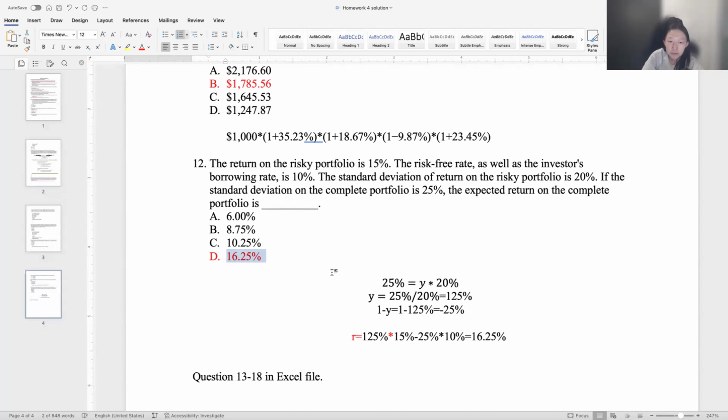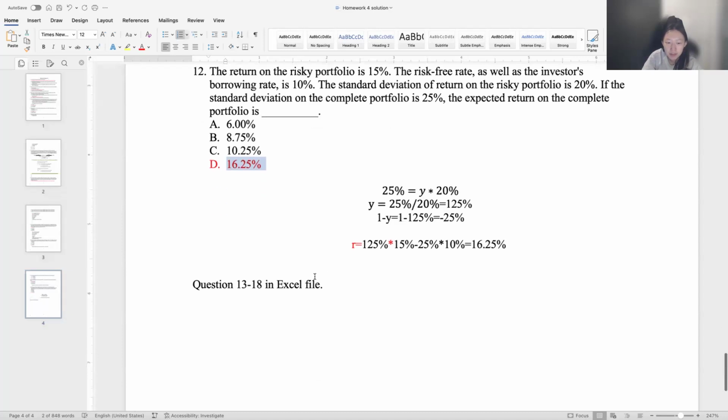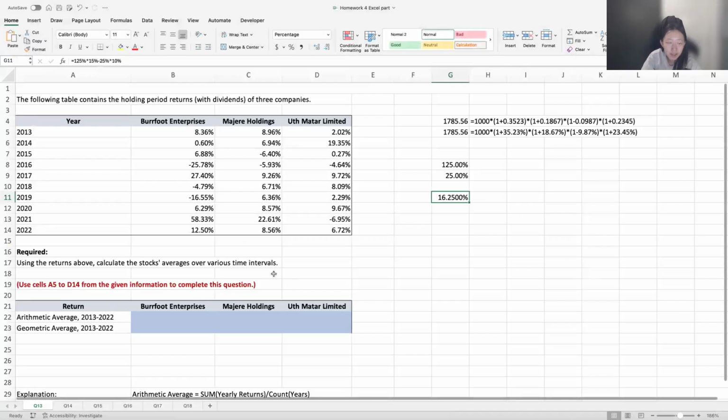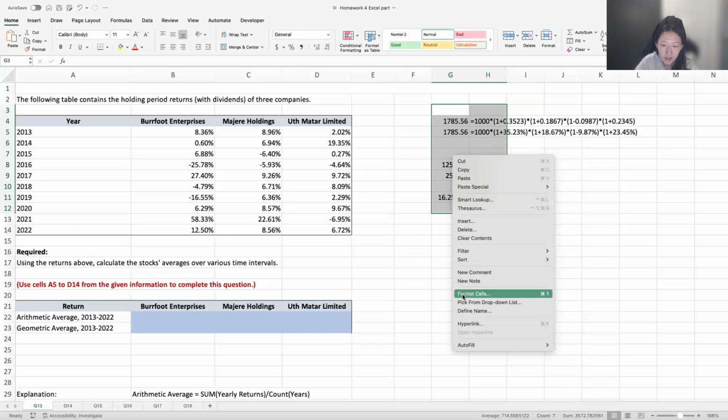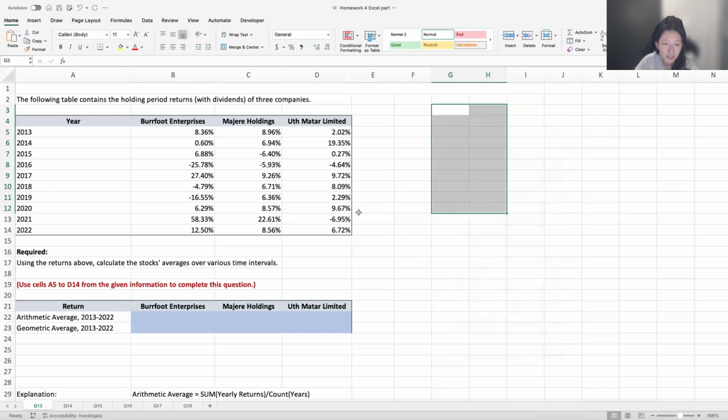All right, so next we'll move on to Excel questions, 13 to 18. So I have these Excel questions. These are fun questions, so don't be too afraid of touching your laptop and working on the Excel. It's gonna be fun.